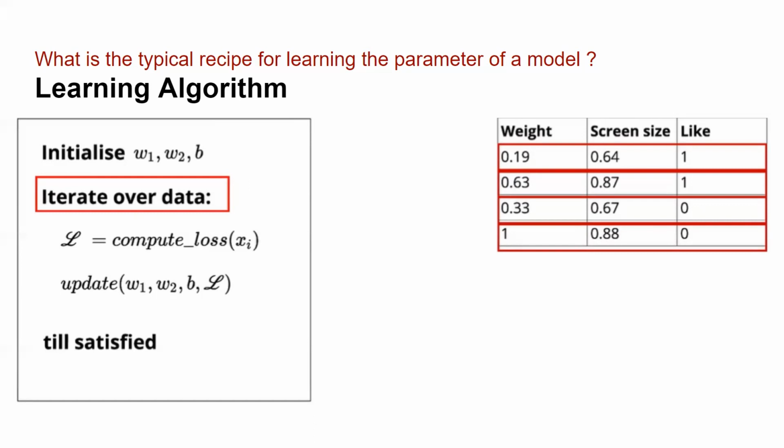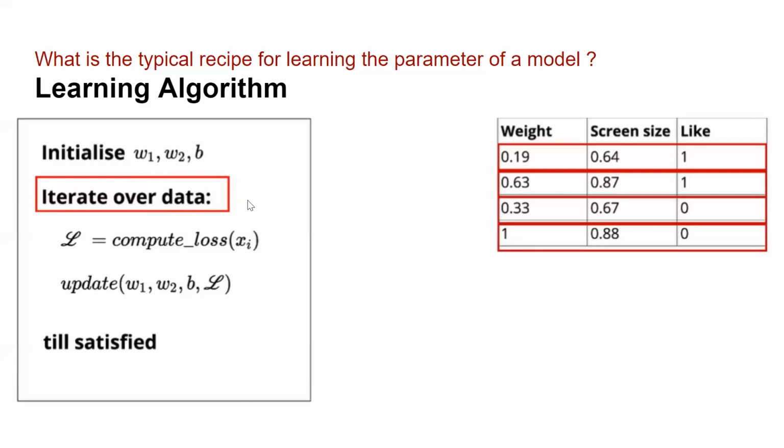We cannot go with the brute force approach because here the value W1, W2 can be infinite. It can be 0.1, 0.2, unlike the MP neuron case where the value of B was an integer value between 0 and n. So for sure, we cannot apply brute force approach in case of perceptron model.